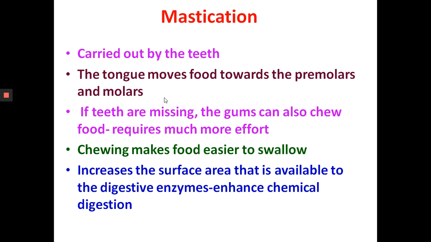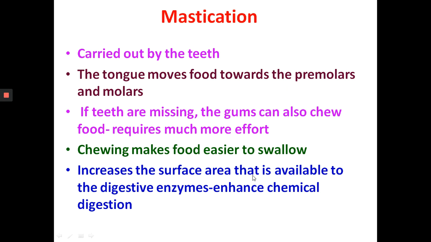Sometimes, as you become older, you may lose teeth. If the teeth are missing, the gums can also chew food, but it requires much effort because the gums are not as hard as the teeth. Chewing makes food easier to swallow. The food becomes a sort of paste, not fully a paste, but smaller pieces, and they are glued together by the saliva and the mucus and form a bolus.